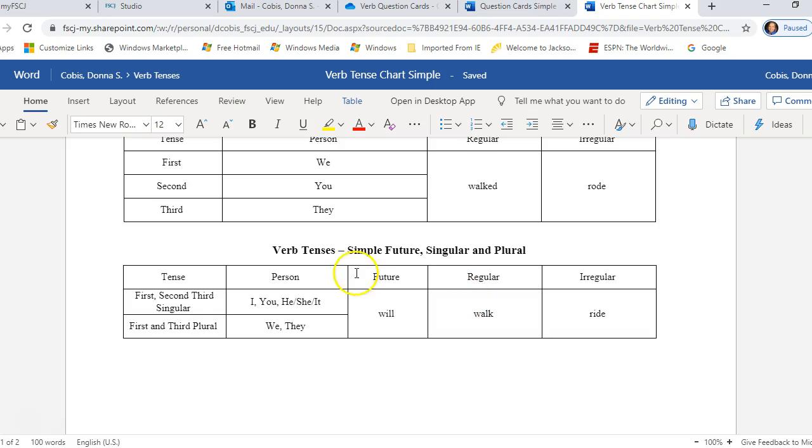Now for the simple future, for the singular and the plural, I only need to add will, my modal will. I will walk home tomorrow. You will walk home tomorrow. You will ride the bus tomorrow.